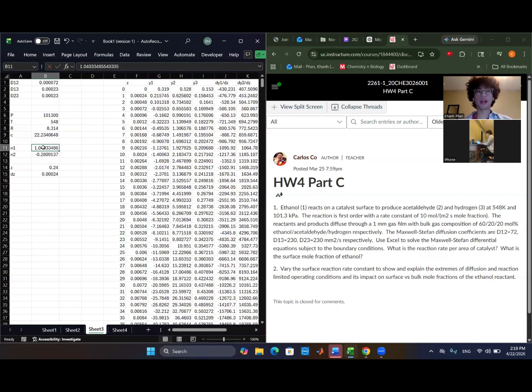And then for N1, we should add an N3 too. And then we have Y1 and Y2. At this point, we don't know what Y1 and Y2 are yet, because over here the 0.6 and 0.2 are the original bulk gas composition, and we want to find their composition at the surface of the reaction.